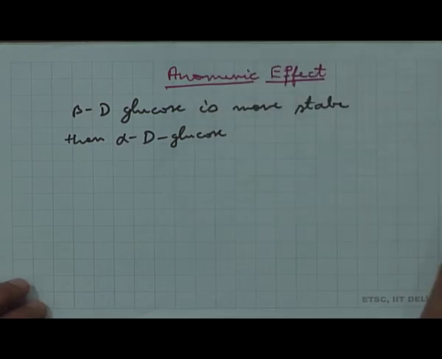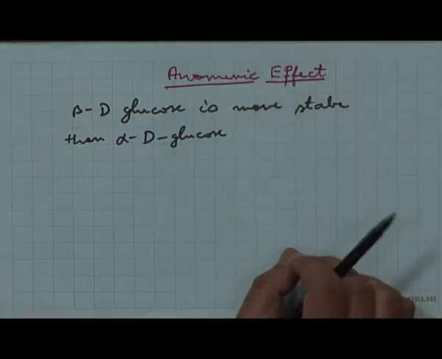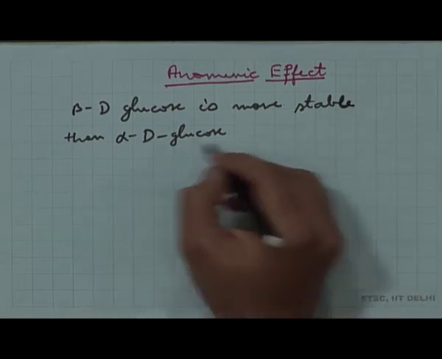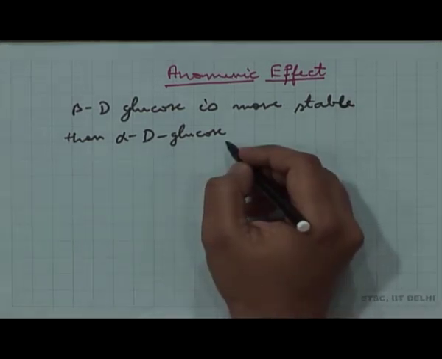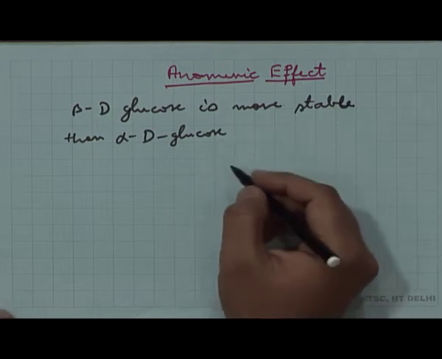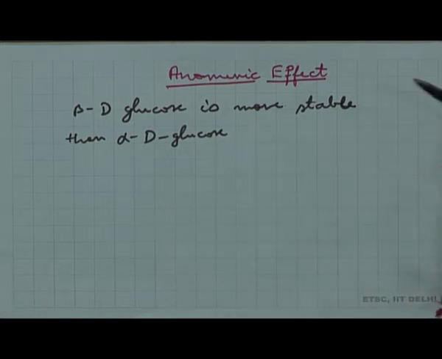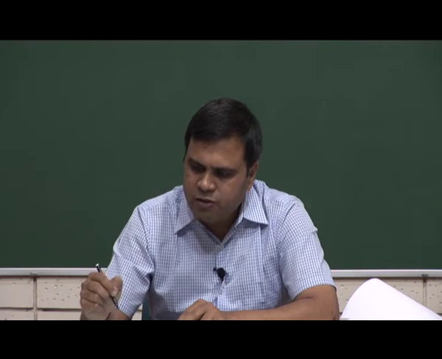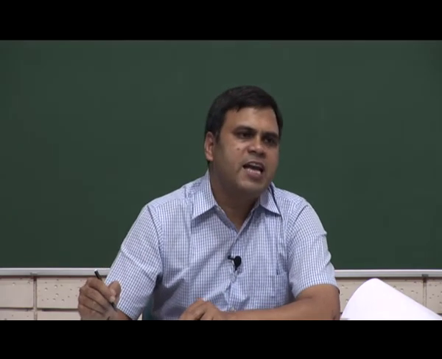That is the reason beta D glucose in the cyclic form is more stable than alpha D glucose. In beta D glucose, the hydroxyl is oriented in the equatorial position, whereas in alpha D glucose, the hydroxyl is oriented at the axial position.